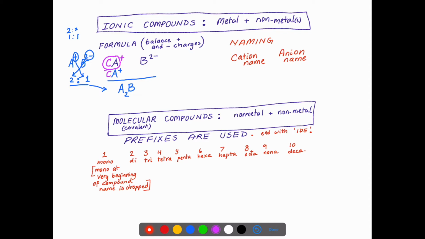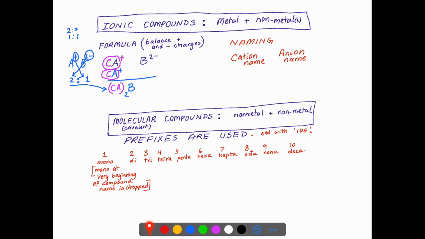Again, you need two of them for every one B. So this time, instead of A, you have CA, and CA is polyatomic, and you need two of them. You need a parenthesis here. If you don't put the parentheses, then it is telling you that you only have two A, but only one C. Two CAs means two C's and two A's. So you need a parenthesis and then the 2 outside the parentheses.